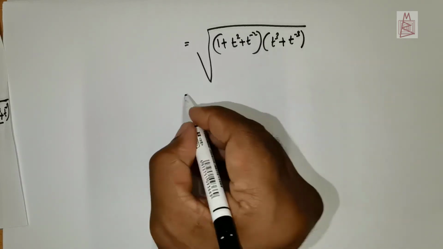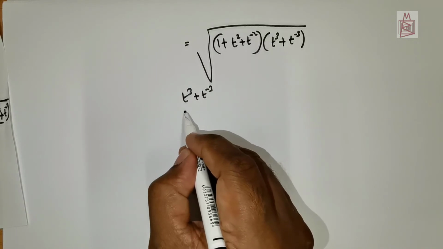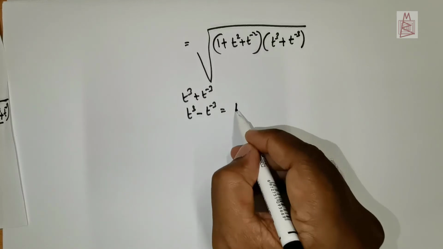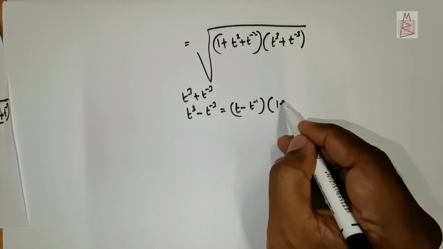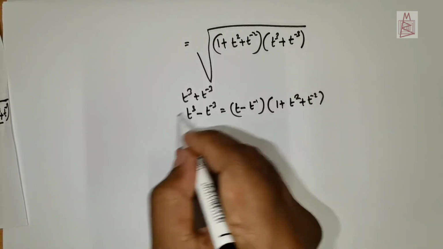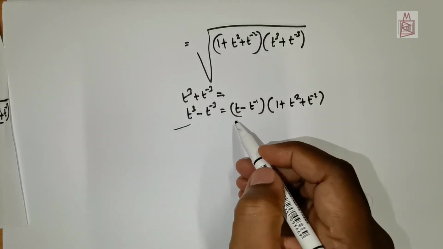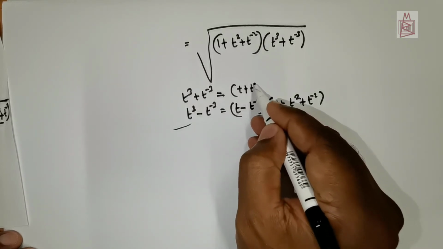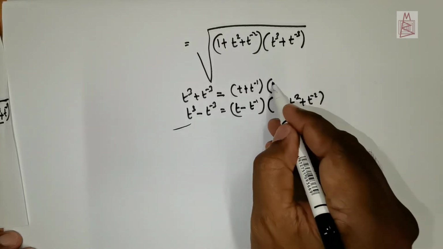Now this quantity t cubed plus t power minus 3. Now if you were to go back, we wrote t cubed minus t power minus 3 as t minus t power minus 1 multiplied with 1 plus t squared plus t power minus 2. So the same strategy can be adopted, and we can rewrite this quantity as t plus t power minus 1 multiplied with something.